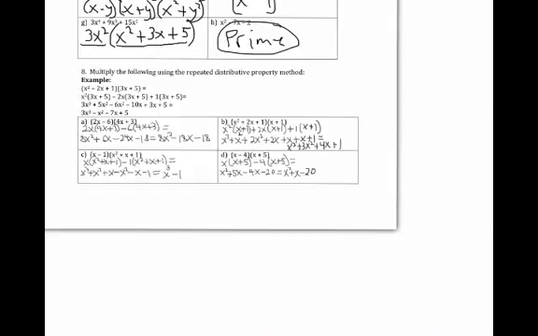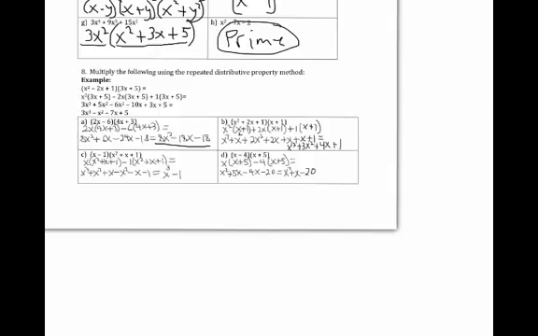So here, for example, for A, (2x minus 6) becomes 2x times (4x plus 3) minus 6 times (4x plus 3). When we work through that, we get 8x squared plus 6x minus 24x minus 18, and the like terms combine to 8x squared minus 18x minus 18.